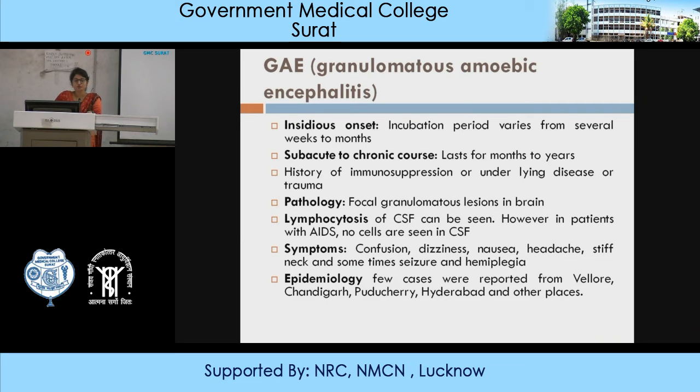You see lymphocytosis in the CSF, and in an HIV patient, no cells will be seen in the CSF. Symptoms are those of encephalitis: confusion, dizziness, nausea, headache, stiff neck, seizure, and hemiplegia. Cases are found from Vellore, Chandigarh, Puducherry, Hyderabad, and other places in India.